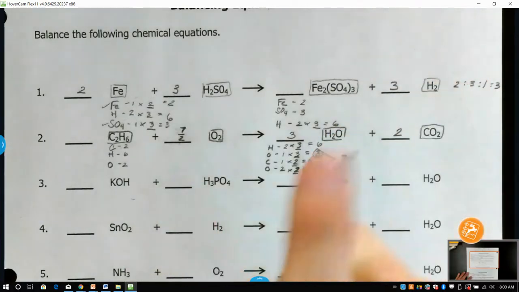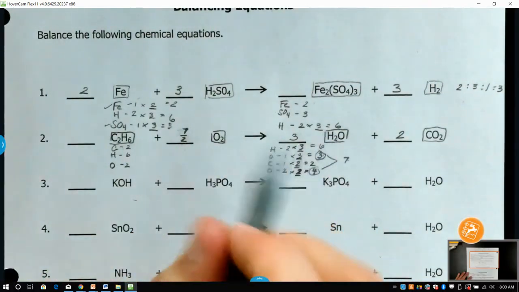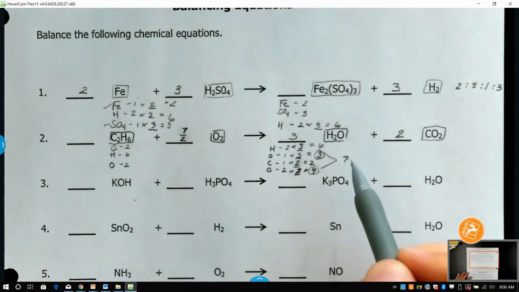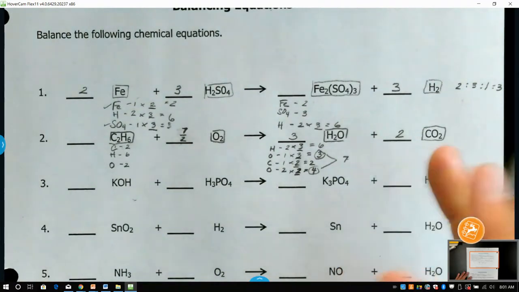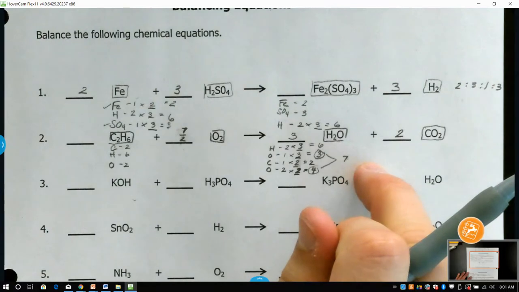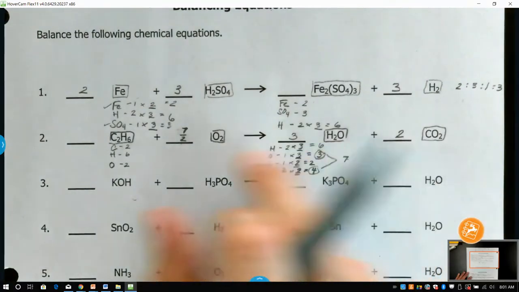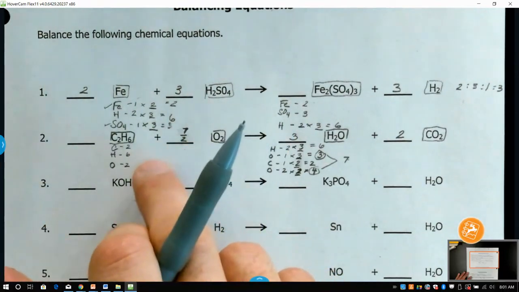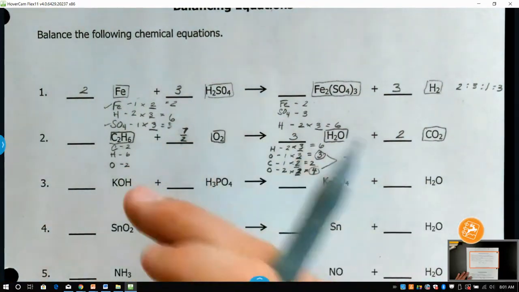So, this is only going to happen in a combustion reaction where the total oxygen on this side becomes an odd number. Because you can't do 2 times 3 because that's going to give you 6. You can't go 2 times 4. That's going to give you 8. So it wouldn't have worked.